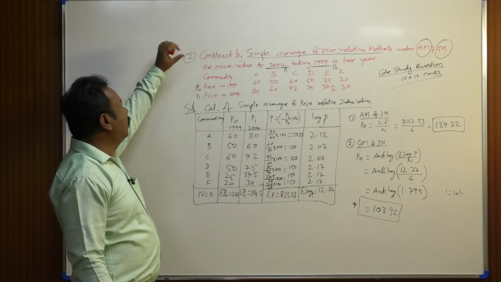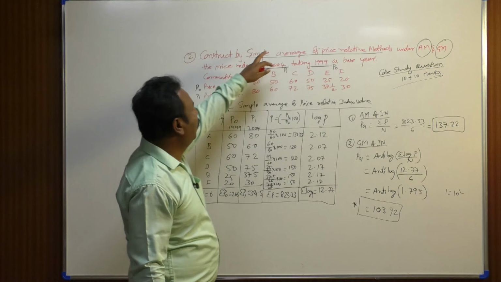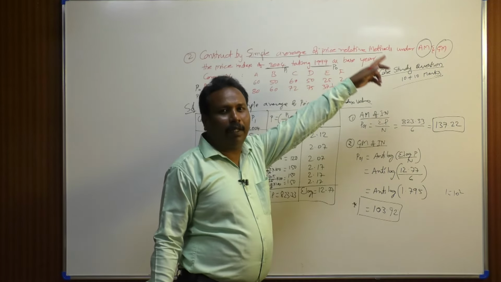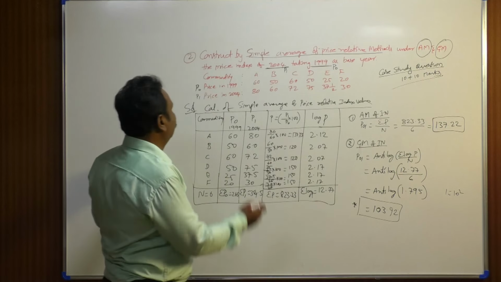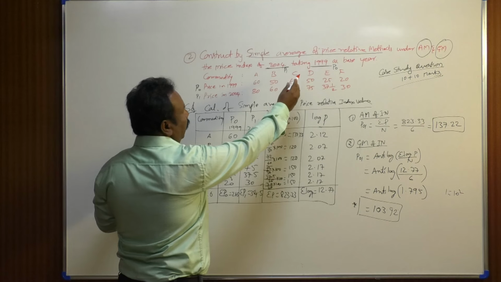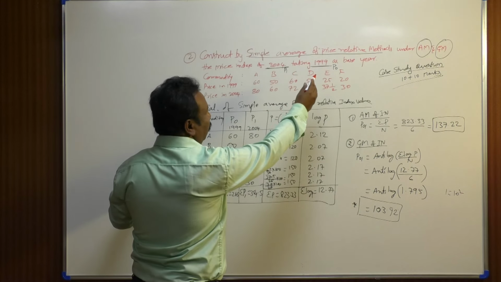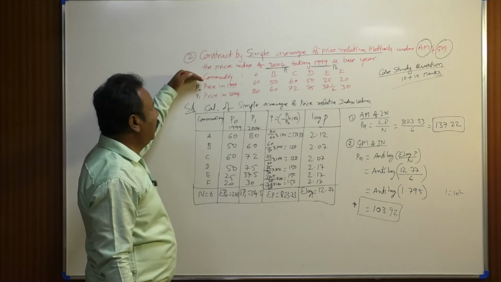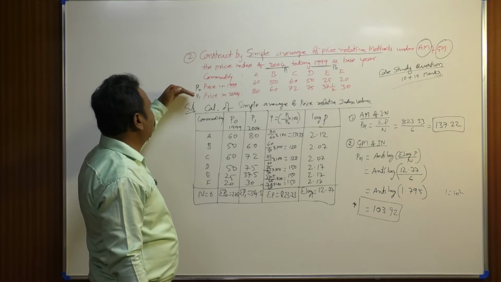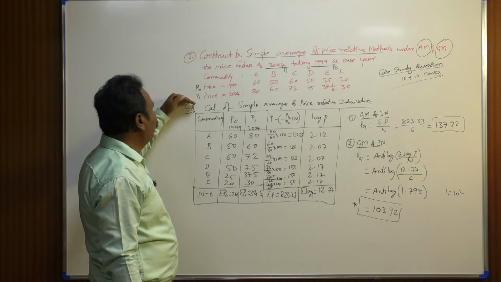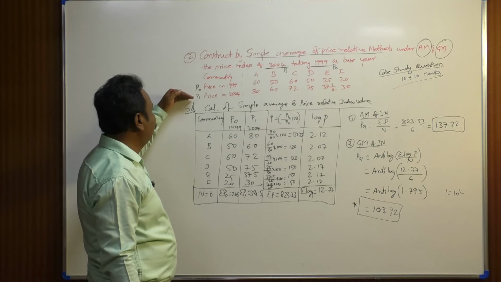So, here, construct the simple average price index relatives under the arithmetic mean and geometric mean methods. The price index of 2004, taking 1999 as the base year. Six commodities are given. Price in 1999, the base year, is P0, and the current year, 2004, is P1.